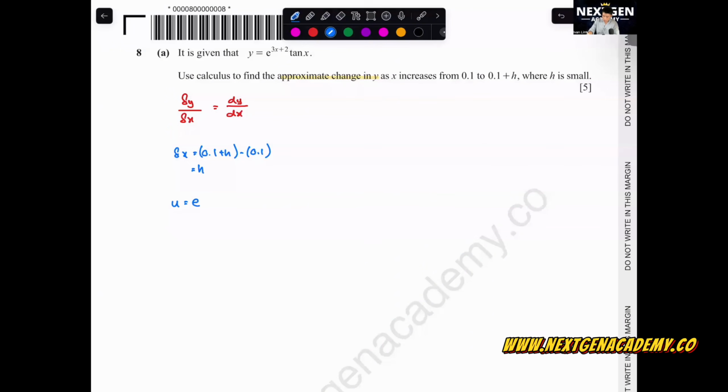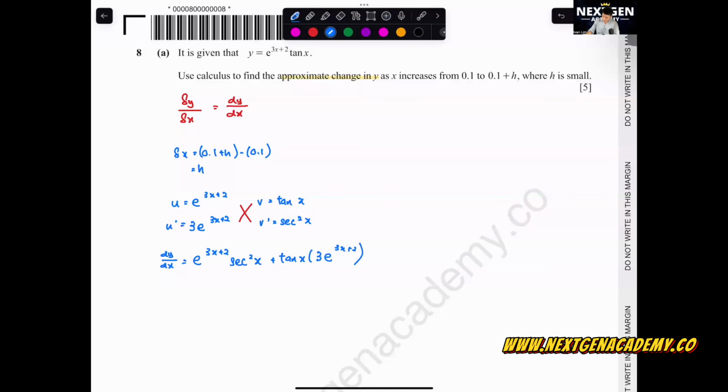So u is e to the power of 3x plus 2, v is tan x, u prime is 3e to the power of 3x plus 2, v prime is sec squared x. So dy over dx is 3e to the power of 3x plus 2 sec squared x plus tan x times 3e to the power of 3x plus 2.